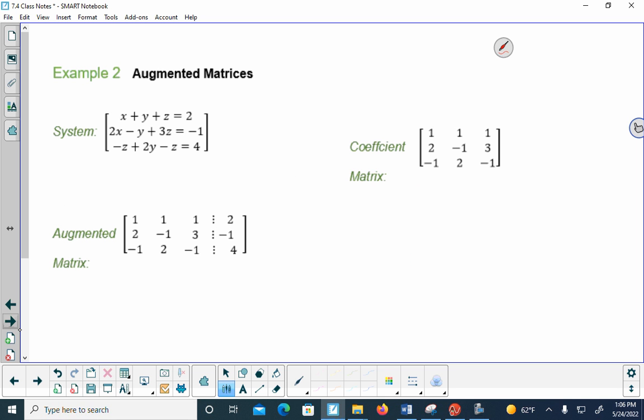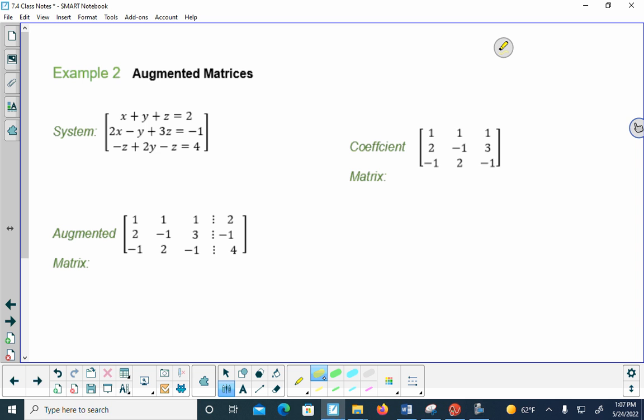The most commonly used matrix when I'm looking at systems of equations is called an augmented matrix. So if I have this system here, written with my variables x, y, and z, to write the augmented matrix I'm going to look at just the coefficients.